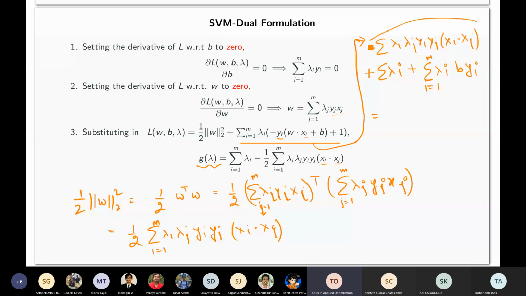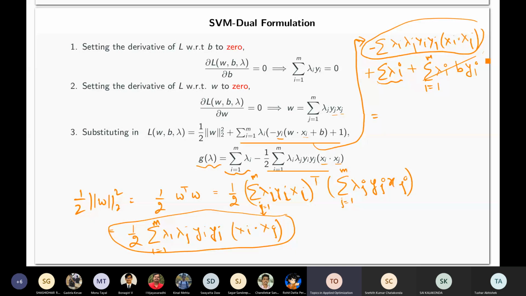So this term and this term, if you see, they are the same, it's just that this is half, and this is, so the total will be minus half. If you add these terms now, you will be left with minus half, which is this term. Sum of lambda i is there, which is here, and this term will go to 0 because sum of lambda i yi is 0.